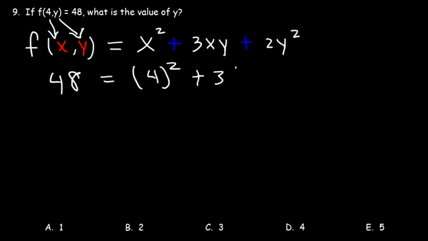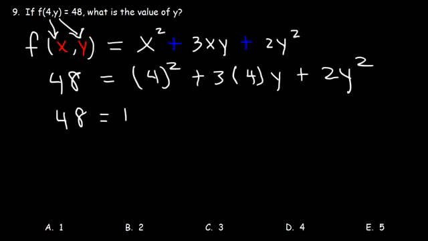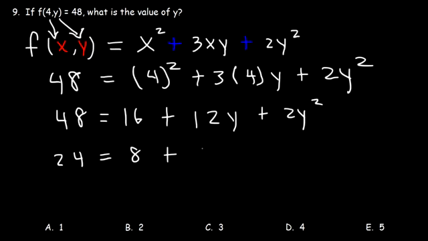And our goal is to find the value of y. 4 squared is 4 times 4, that's 16. 3 times 4 is 12. And so this is what we have. Now we could divide everything by 2 because all the numbers that we see here are even. So half of 48 is 24, half of 16 is 8, half of 12 is 6, half of 2 is 1.